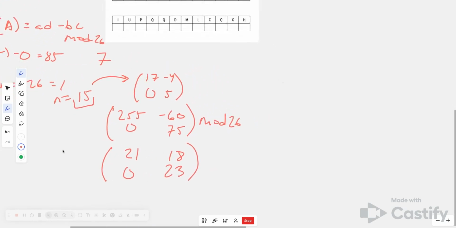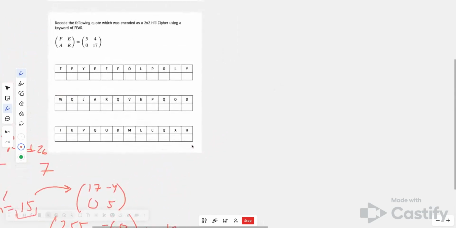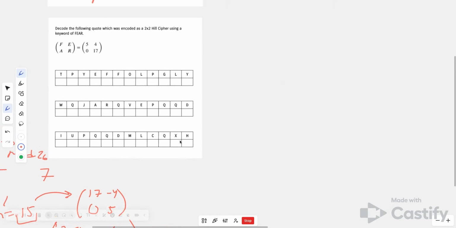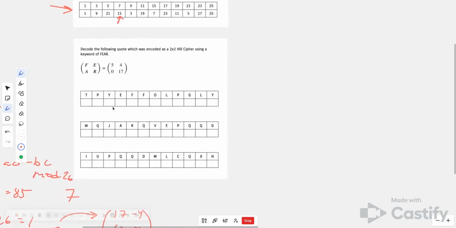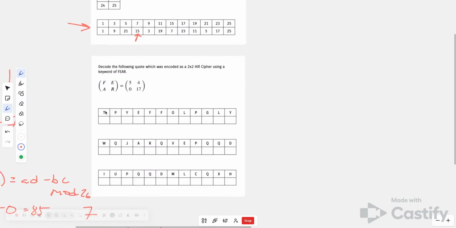So now with this matrix, this is the inverse matrix that we were trying to solve for. And with this matrix, we're going to be able to decrypt this cipher. So the next step is to find each of the numbers that correlate with each letter.